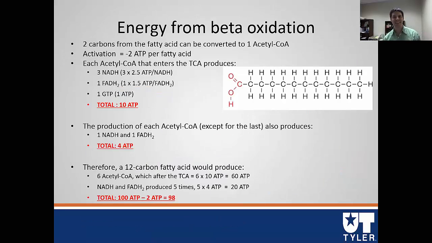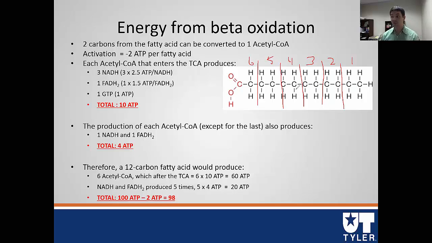So let's look at the energy that we can generate from beta oxidation. Again, the idea is that we chop this fatty acid into 2-carbon segments. So I'm going to go ahead and do that now. There's a 2-carbon segment. So let's now count how many 2-carbon segments we have. 1, 2, 3, 4, 5, 6.